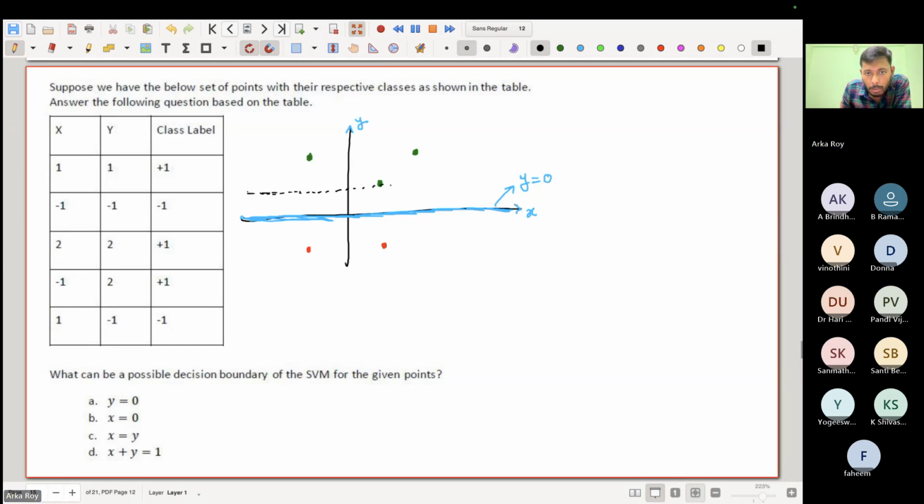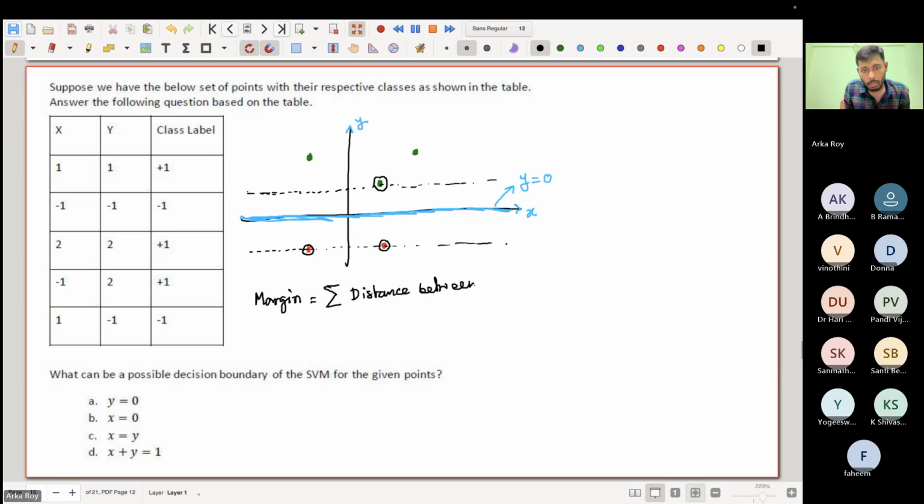So I am just drawing in terms of margin. So this is one support vector, and these are the next two support vectors. So there are a total of 3 support vectors, and margin is basically the sum of distance between the decision surface and support vectors.